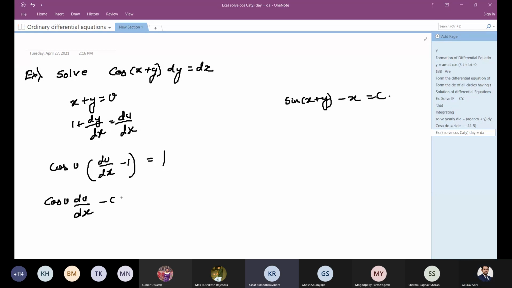Sorry, sir. So that is cos u du is equal to 1 plus cos u, which is 2 cos square u by 2, dx. Or you can simply write it as 1 plus cos u, as it will help for the integration.